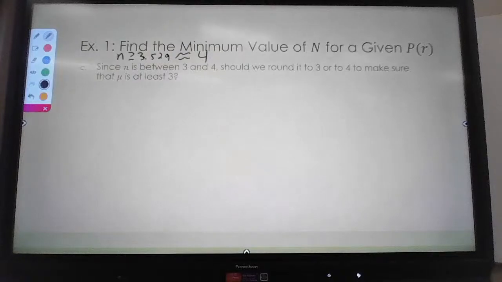That way the average will be at least 3. So we definitely want to make sure that our average is at least 3. This will happen if our n is 4. So if we're doing minimum value of n, best practice is usually to always round up.